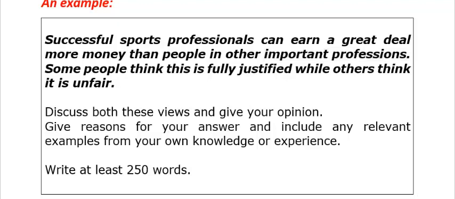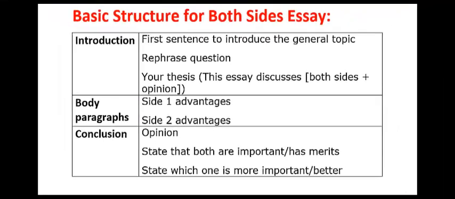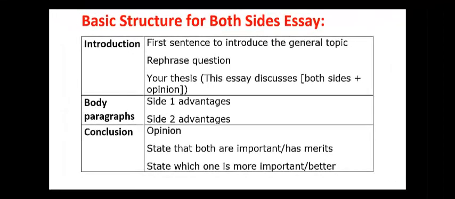Now, before we look at a sample essay, let's just look at how to structure this both sides of an opinion plus your own opinion. Okay, so it's very similar to other essays in that you have your introduction, your body paragraphs, and then your conclusion. So in your introduction, just like other essays, your first sentence is going to introduce the general topic of the essay, in this case, the earnings of sports people.